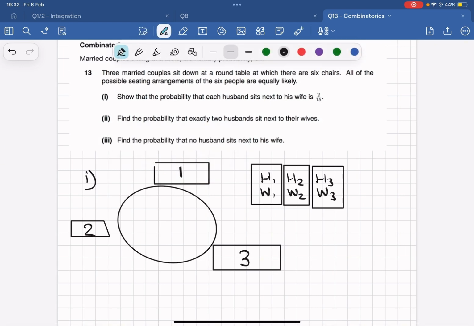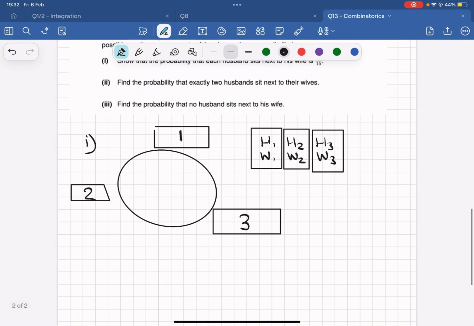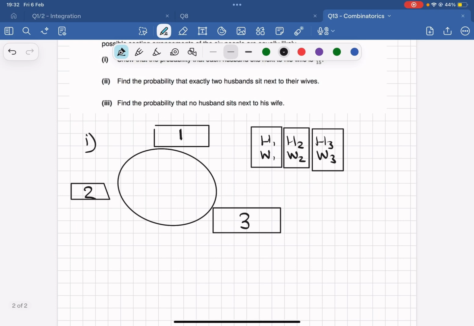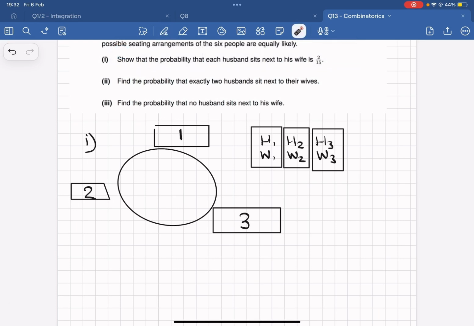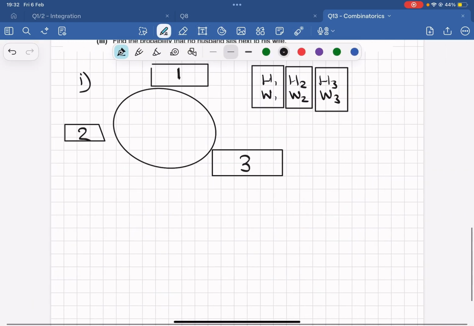So what we need to find out is all the possible ways of arranging these couples, modeled as blocks, around the table. Another thing we need to factor in is how they are seated. For example, we can have husband 1 there and wife 1 there, or we can have wife 1 here and husband 1 there, so we need to factor that in. So let's start.